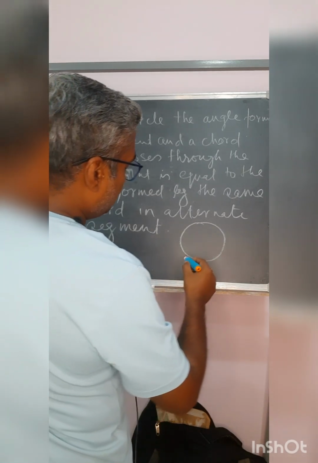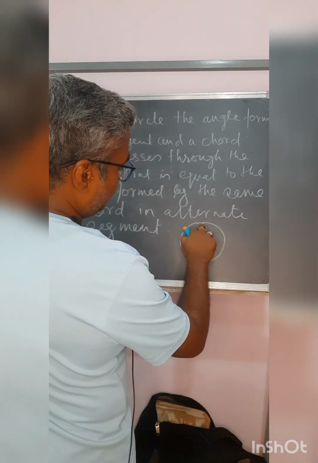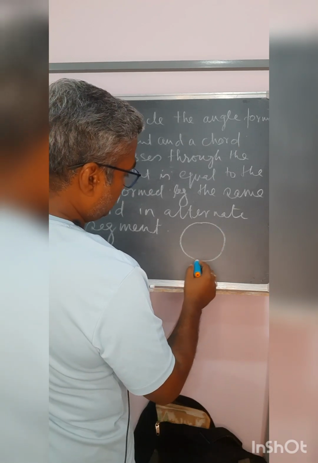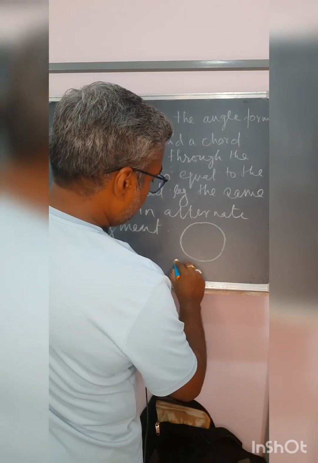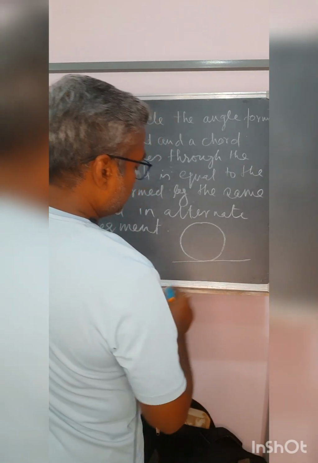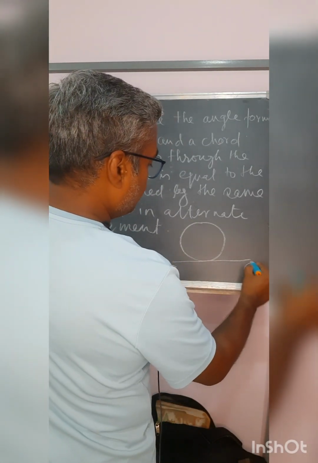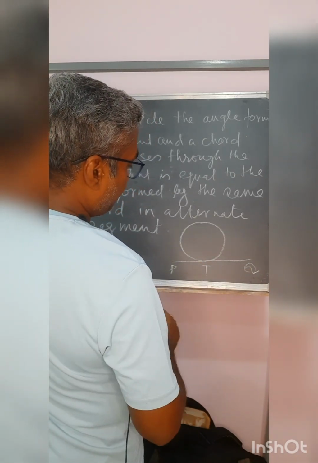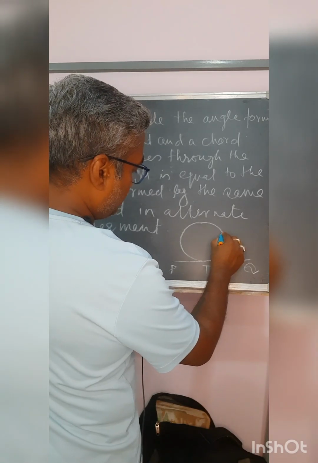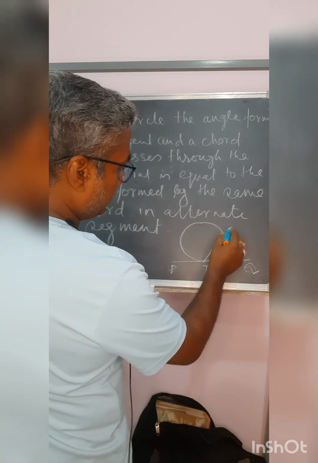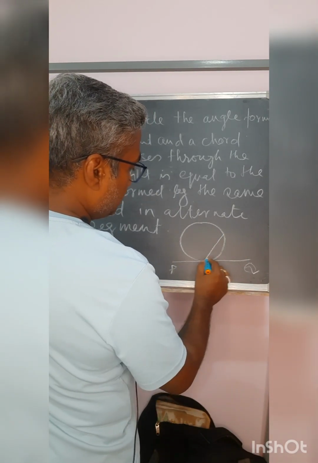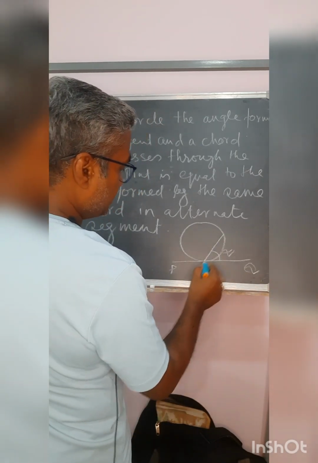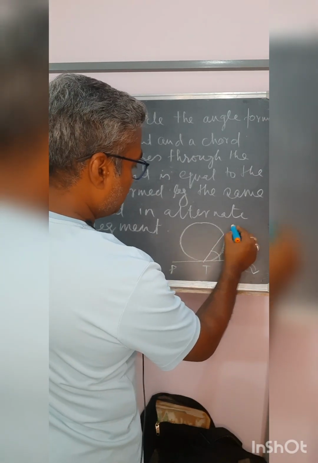Let us draw the figure. If this is a circle and a tangent is drawn like that, let us say this is P and Q, and it is touching at point T. A chord is drawn from the same point T to another point S on the circle. The angle between the tangent and the chord, let it be alpha.